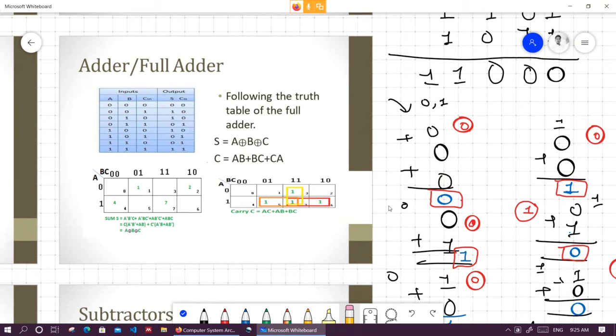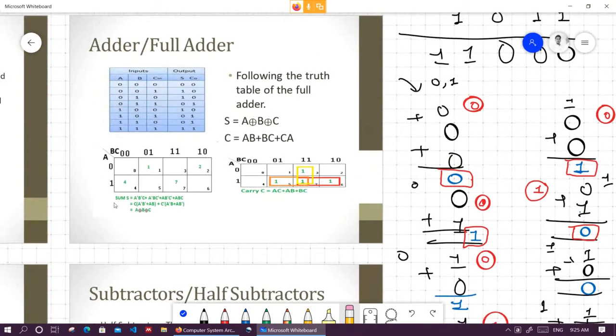Right. So if you can see, we have plotted the same two functions into the K map. First function is your sum and the other function is your carry out. So this is for sum and this is for carry. When you talk about sum, let's see 0 1 1 0 1 0 1 1.